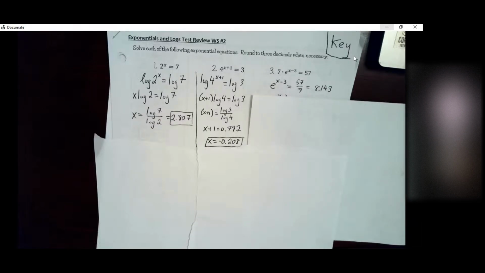And then we take the log of each side. I would take the natural log because base e and natural log match up nicely. So x minus 3 equals natural log 8.14.